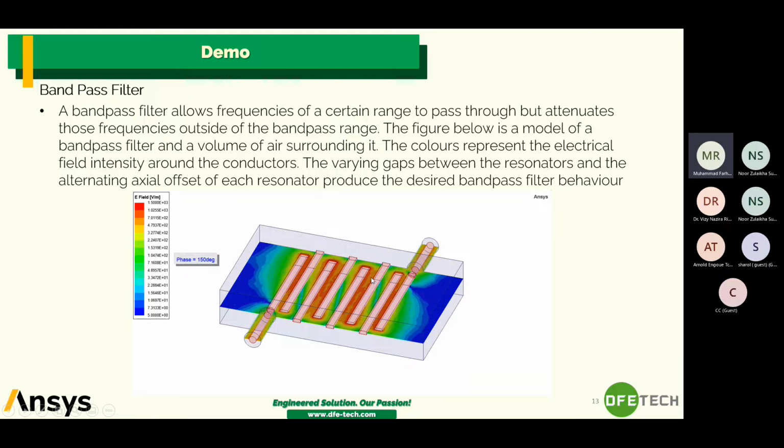The figure below is a model of a bandpass filter and a volume of air surrounding it. The color represents the electric field intensity, the color contour around the conductors. The varying gap between the resonators, the 8 bars inside this bandpass filter, and the alternating axial offset of each resonator produce the desired bandpass filter behavior.